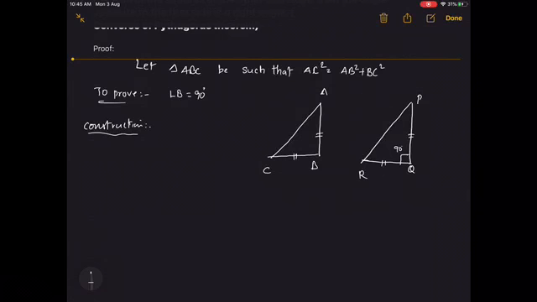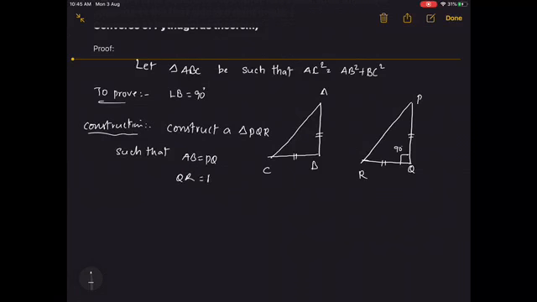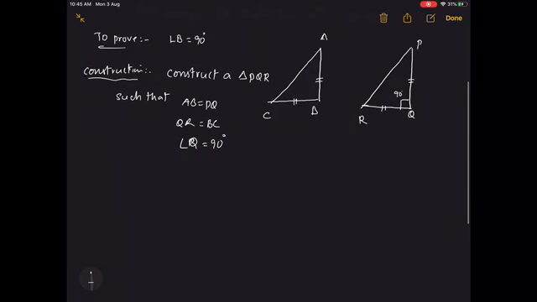Construct a triangle PQR such that AB is equal to PQ, QR is equal to BC, and angle Q is equal to 90 degrees. So the triangle which we constructed is a right angle triangle.